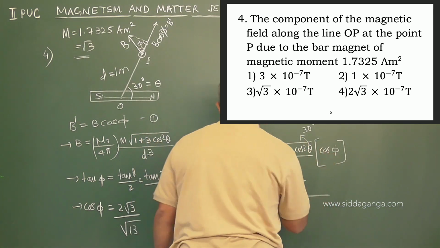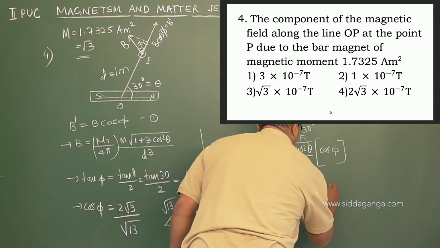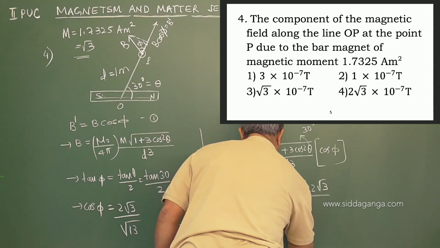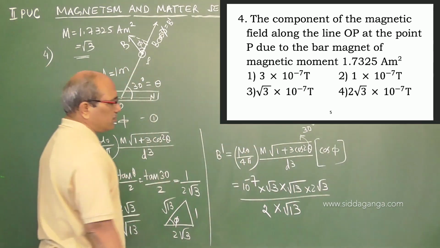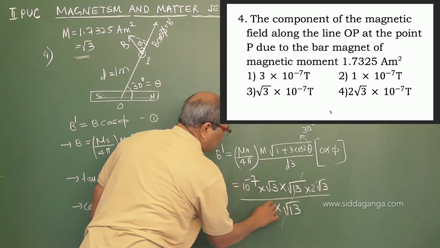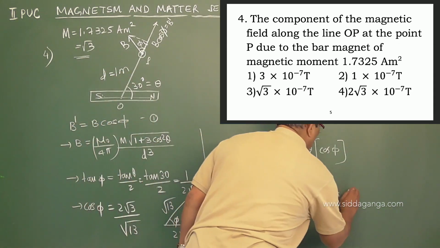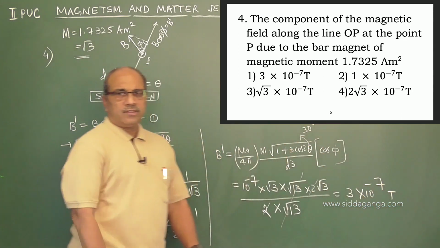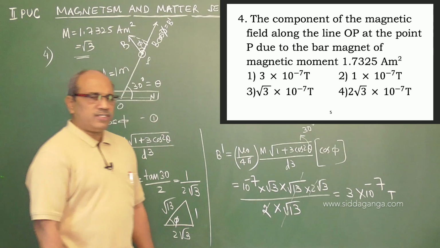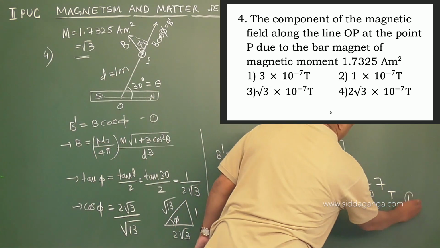Again you take this 2 into root 3 divided by root 13. Now substitution is over, simplification. See, these 2 cancel and 2 cancel. The answer we got is 3 into 10 power minus 7 Tesla, option number 1.